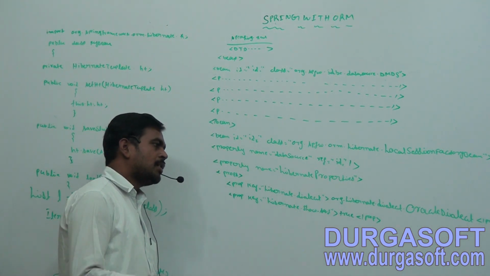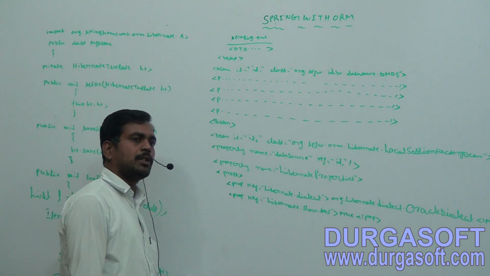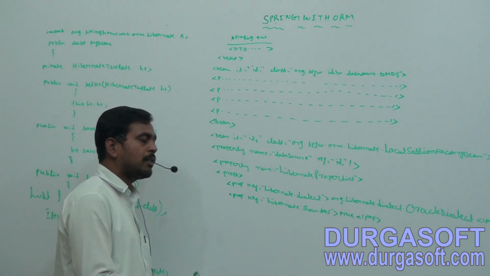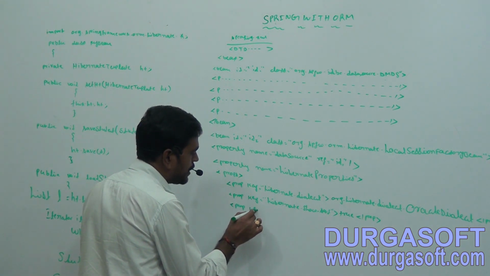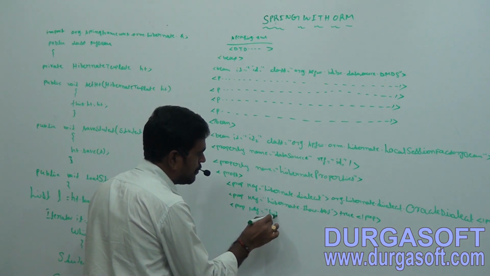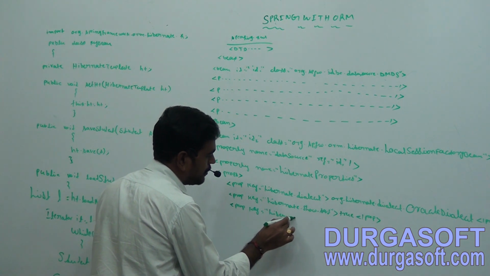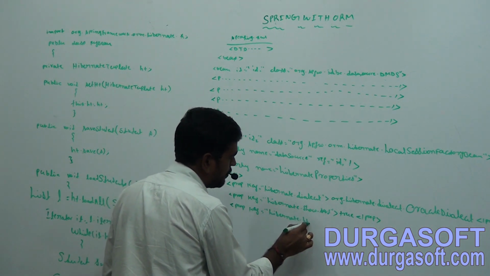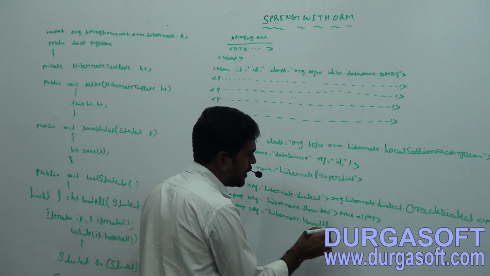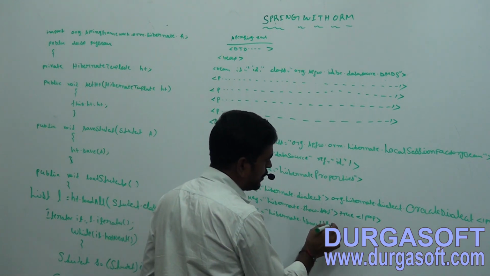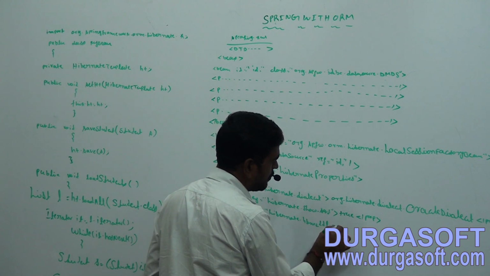Now, I don't know how to create the database tables also. Assume that we can take one more property. Prop key is equal to hibernate.hbm2ddl.auto.